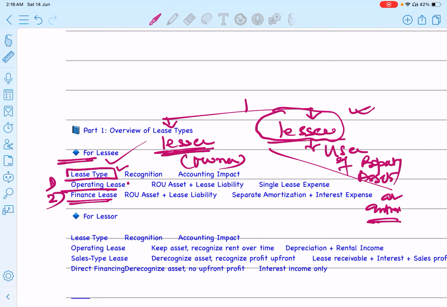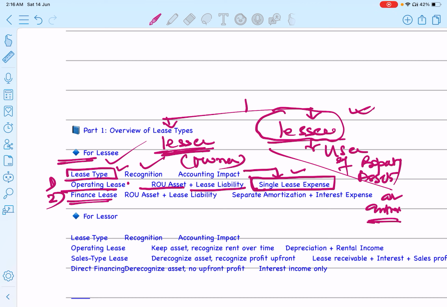In both cases, the recognition will be of an ROU asset and there will be a lease liability. ROU means right of use asset. In an operating lease, the accounting impact is like a single line, a single lease expense.